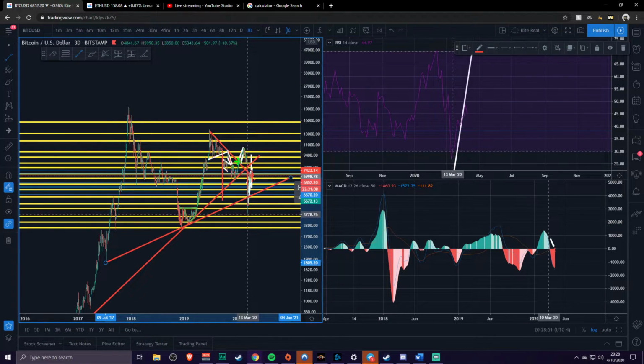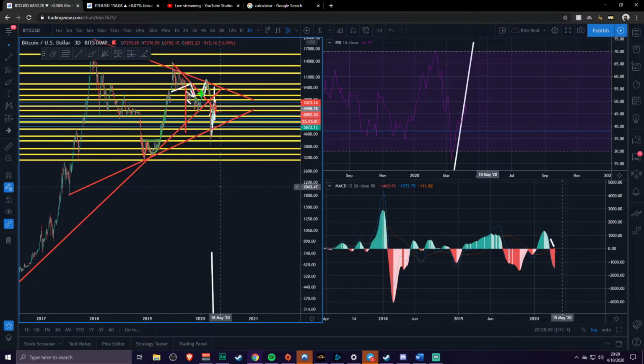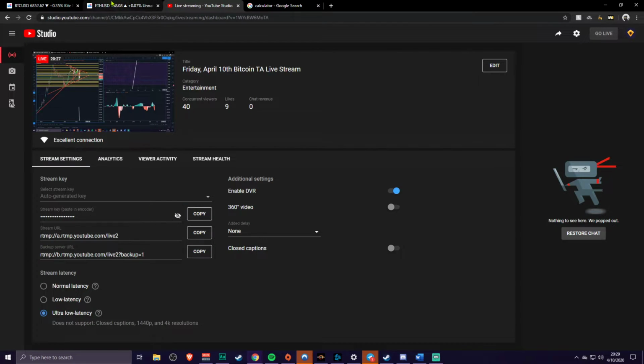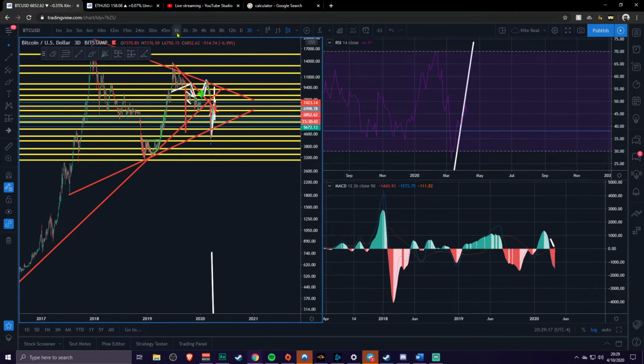Obviously, I'm not using the wick off of this one, but we're creating kind of like a bullish pennant. That's my hope. But all in all, if we do get stuck between these points, sometime around December 2020, or so, we're going to have a decision by the end of this year, probably, on which way we're going to be moving on the macros.